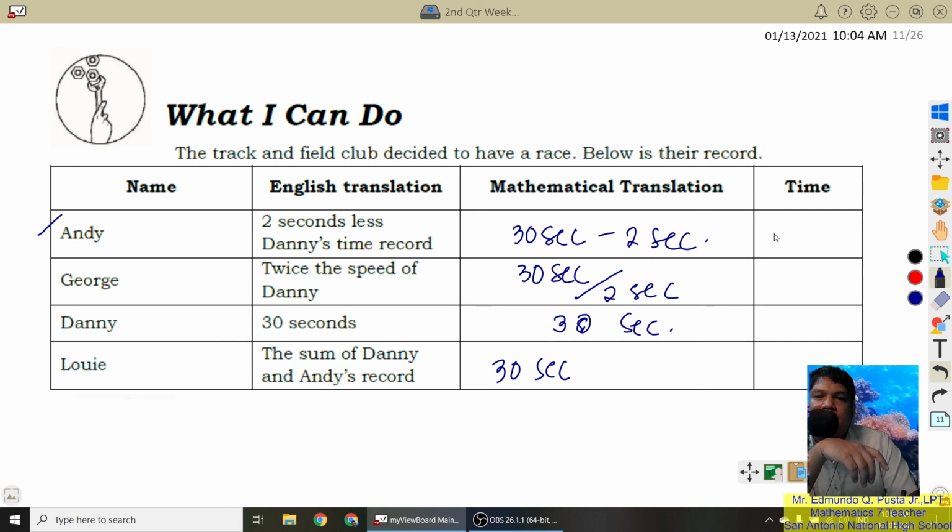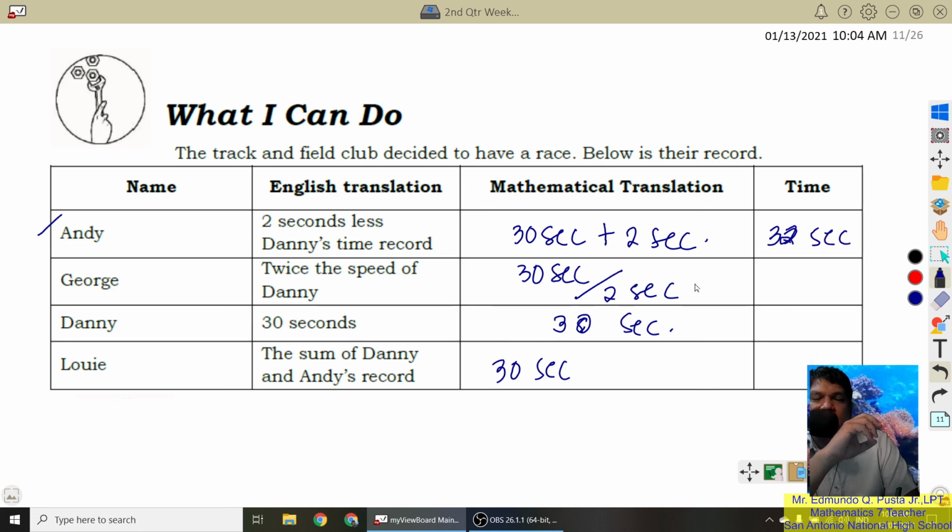Okay? 2 seconds less than Danny's time. I think this is not subtraction, no? This is addition. Less than sorry. Less than kasi inverse dahil time ang pinag-uusapan. Okay? So, ibig sabihin, mas mabilis si Danny ng 2 seconds sa kanya. So, therefore, this one is 32 seconds.